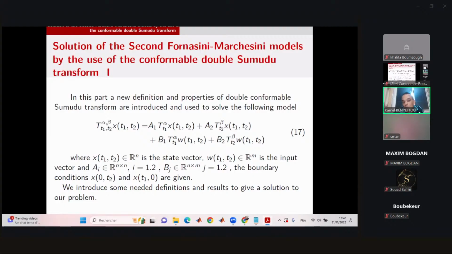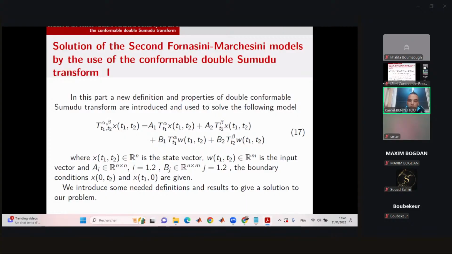This is the second form of the Fornasini-Marchesini model. Here A1, A2 are the state matrices, B1 and B2 are the control matrices, and w(t1, t2) is the control vector, and the alpha-beta derivative in t1, t2 represents the fractional derivative of the variable x(t1, t2) according to the two directions, t1 and t2.